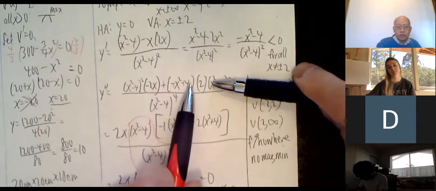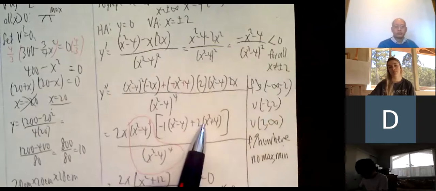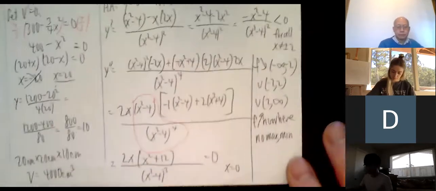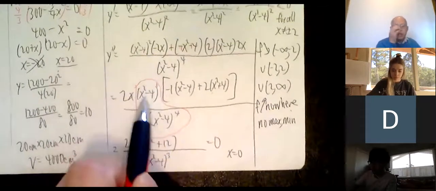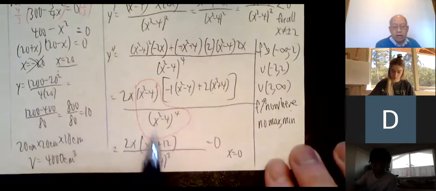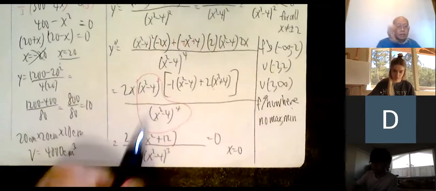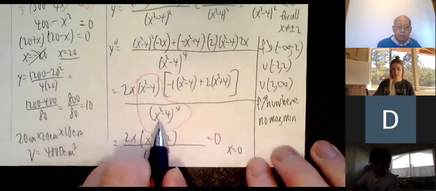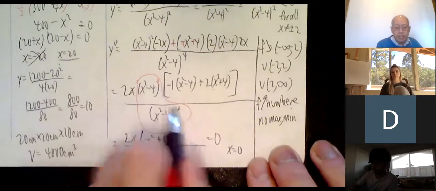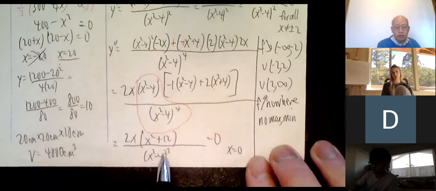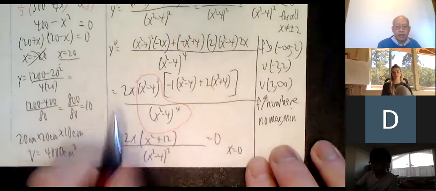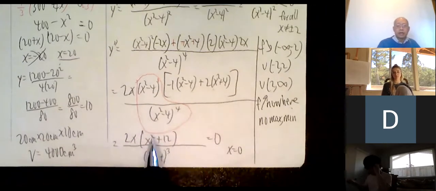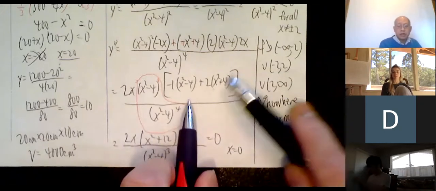What's left is a 2 and an x squared plus 4. These cancel to become x squared minus 4 cubed. This is x squared minus 4 to the first power. This is x squared minus 4 to the fourth power. So one of these cancels one of these. I now have x squared minus 4 cubed. Go up, 2x.